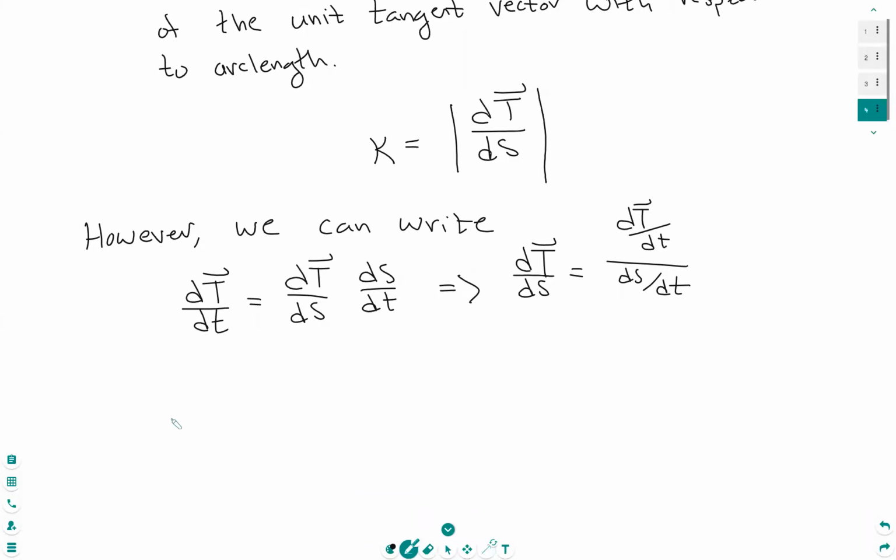So the magnitude, our curvature, is the magnitude of how the unit tangent changes with respect to time over the magnitude of how arc length changes with respect to time.